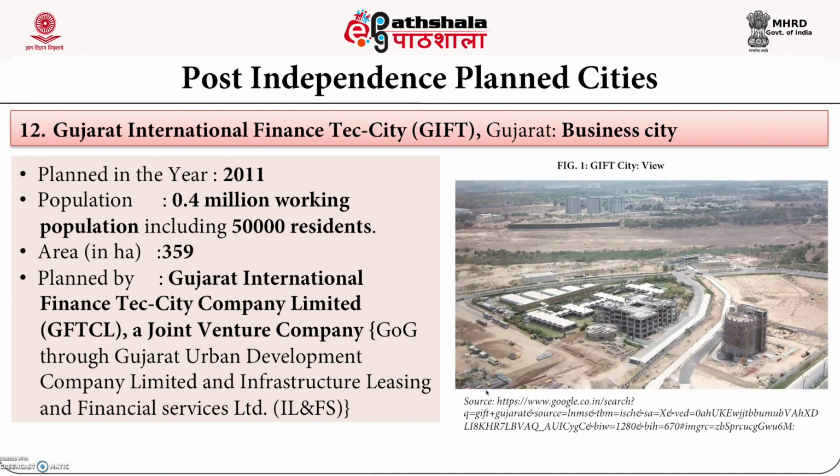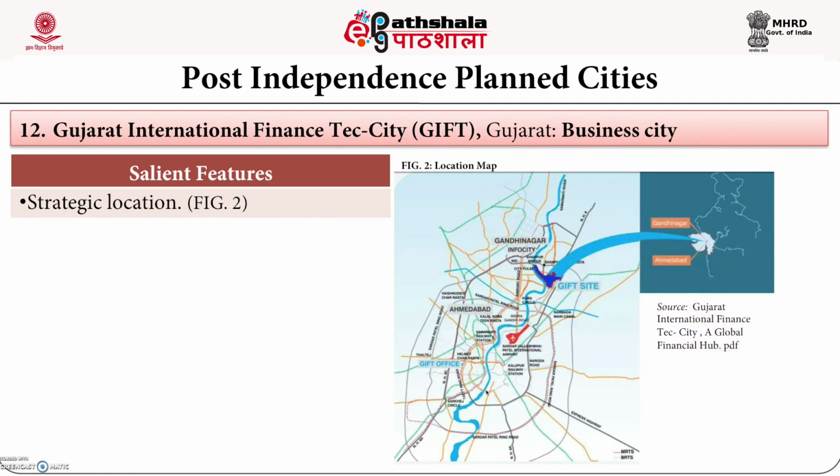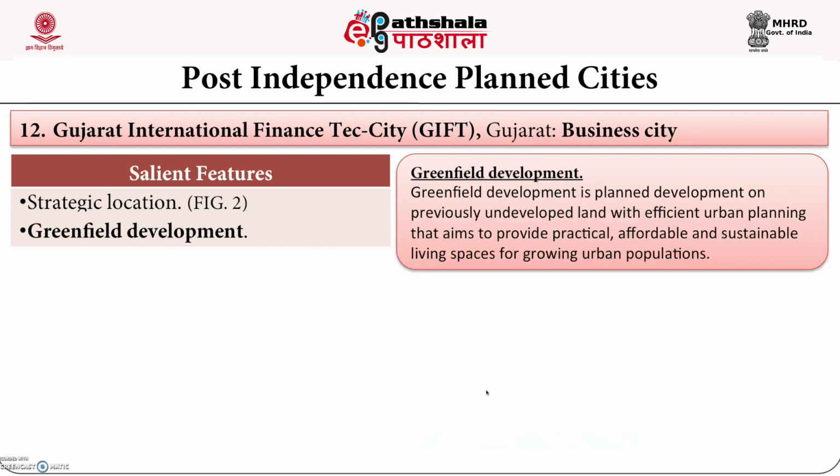Now, the salient features of the plan, as you can see, it had a strategic location. It is very near to Ahmedabad, but it was greenfield development. What is greenfield development? It is planned development on previously undeveloped land with efficient urban planning that aims to provide practical, affordable, and sustainable living spaces for a growing urban population.